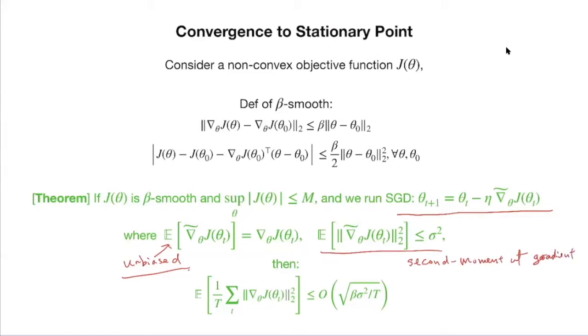If that is the case, then in expectation the average norm of my gradients along the points that I computed is shrinking to 0 at the rate of 1 over square root of t, where t is the number of iterations.